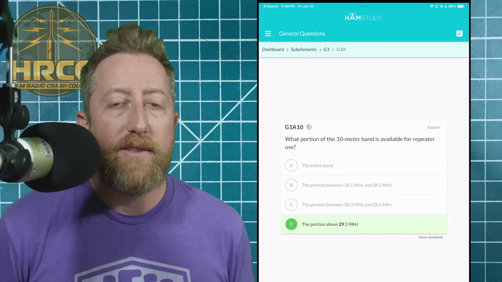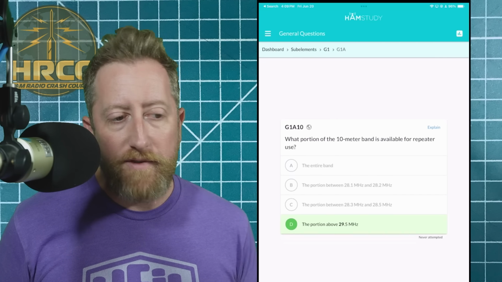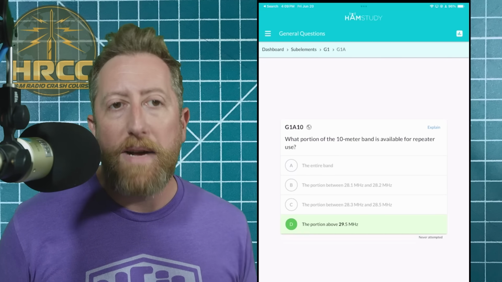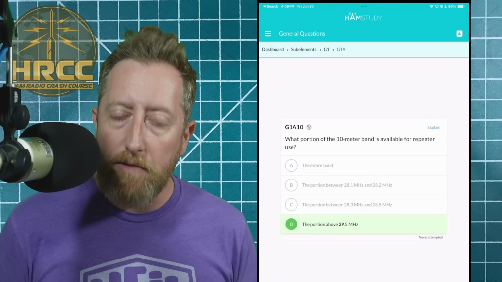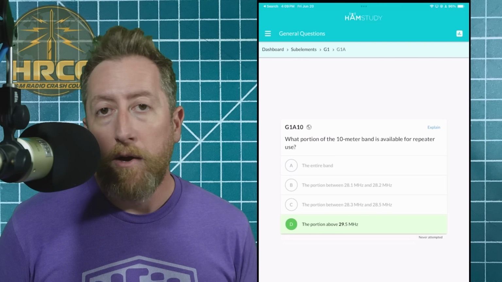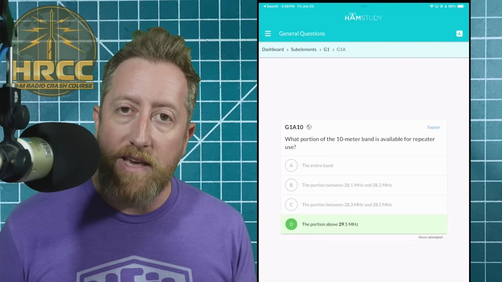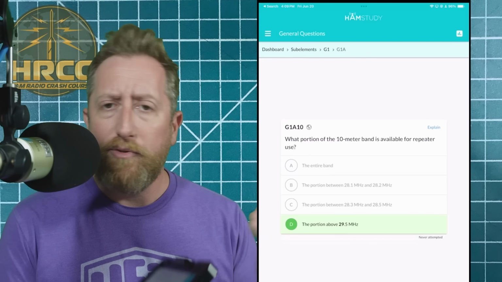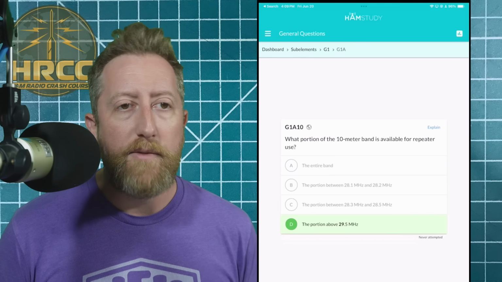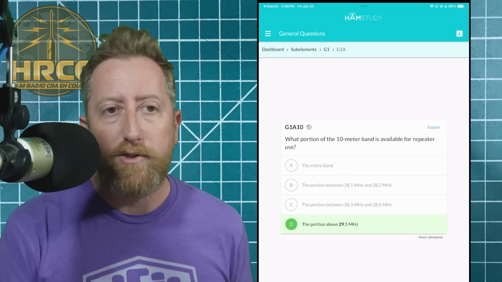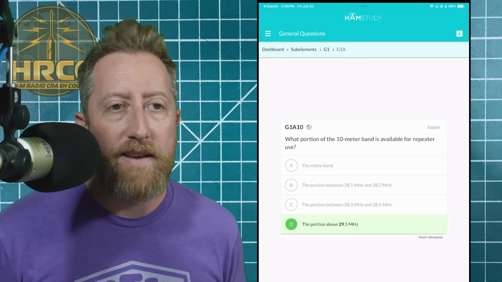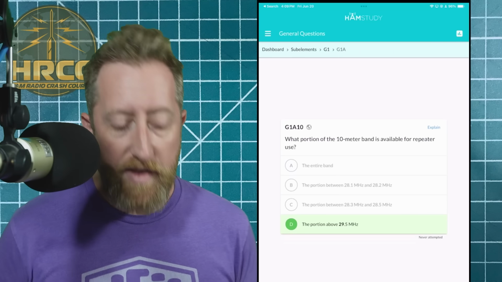And we do that via a kind of agreement on how best to do it. Repeaters sometimes need a space carved out for them where the frequencies can be used and allocated and really protected from interference the best we can. And so that space, 29.5 megahertz and above, is where that is done.